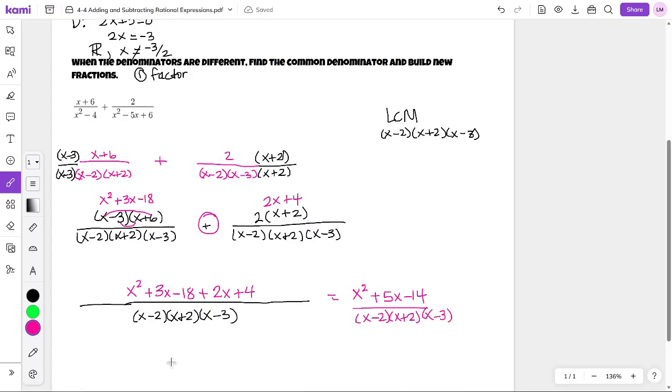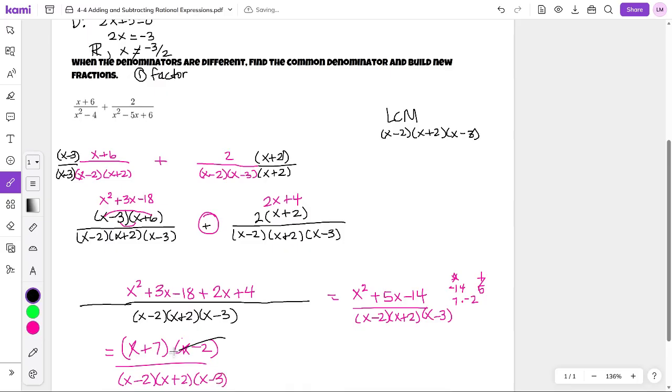Now I'm going to go ahead and factor the top and hope that something drops out. I want numbers that multiply to be negative 14, add to be 5. That would be 7 and negative 2. So x plus 7, x minus 2 over x minus 2, x plus 2, x minus 3.